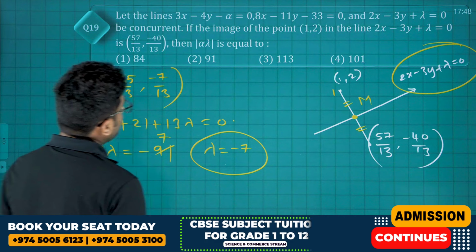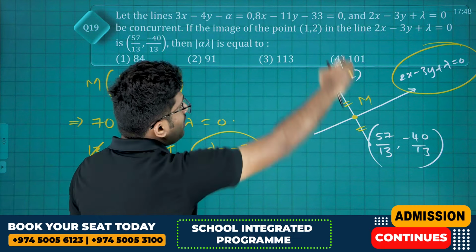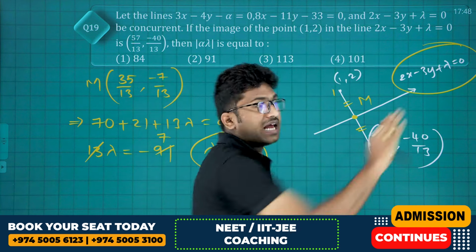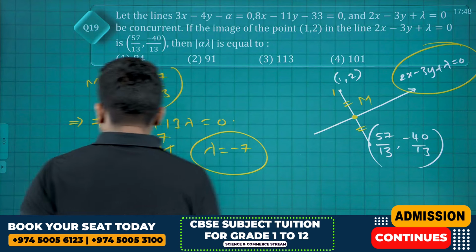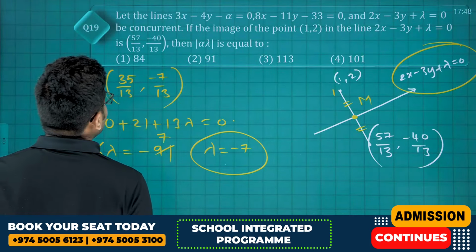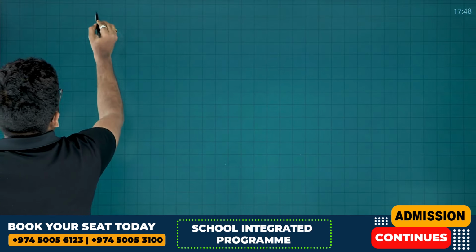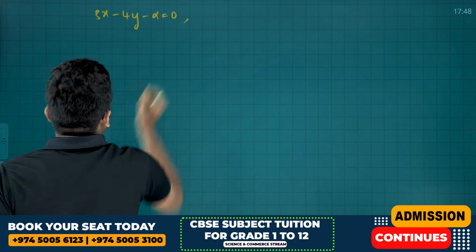Okay, next what to do? When we have lambda, if these three lines are concurrent, the determinant of them should be equal to 0. Now see, we have got three lines. First line is 3x minus 4y minus alpha equals 0.